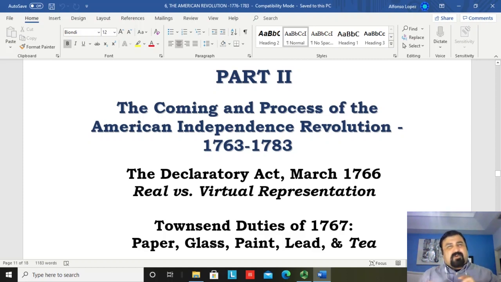And so far, what the colonial merchants, planters, the commercial elite, if you will, of the colonies demand is that, well, if we are to obey those laws and pay those taxes, we want representation. In other words, we want political representation.